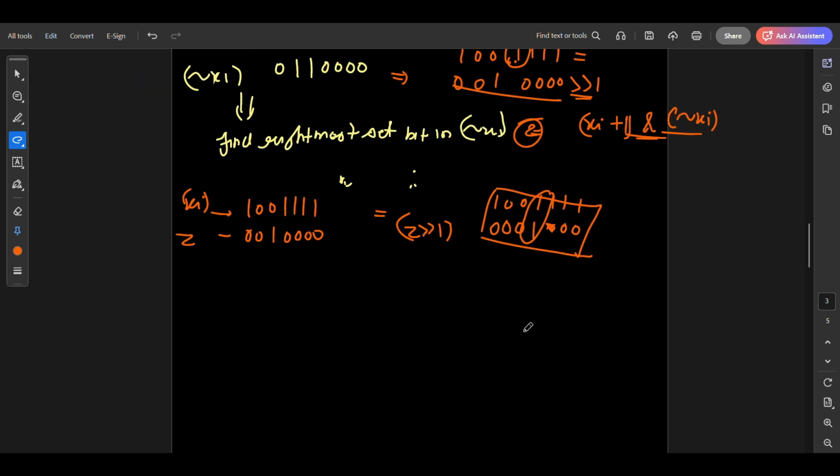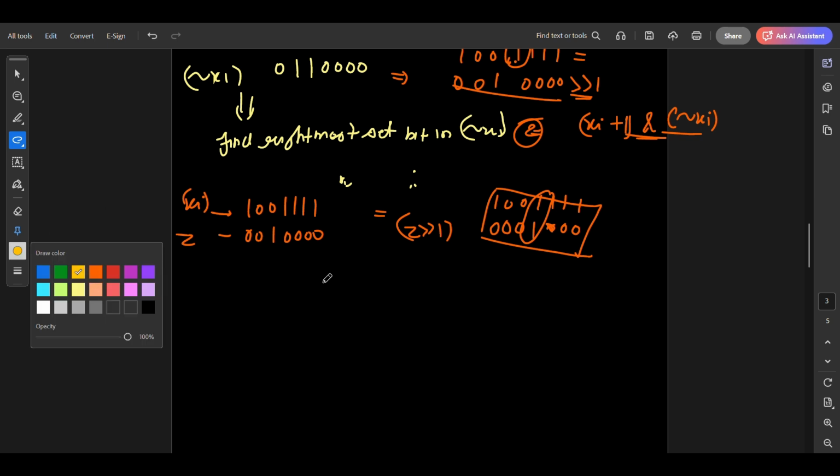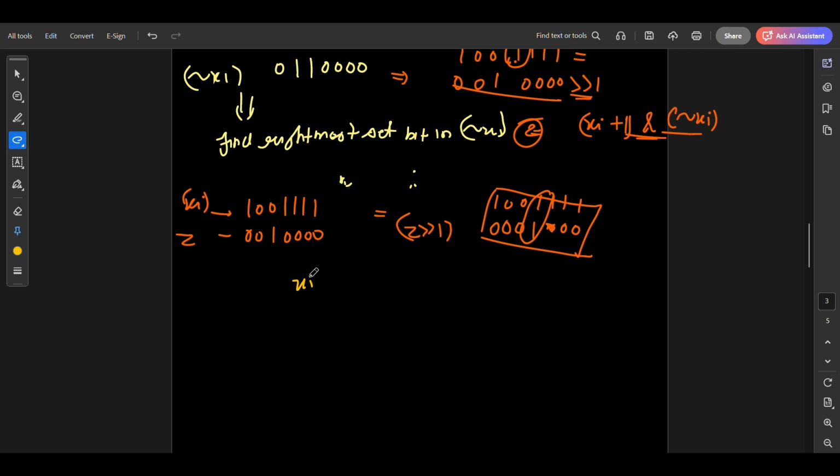So my operations will be that I will take xi and invert of z, the increased bit. It will change the values something like this: 1 1 1 0 1 1.